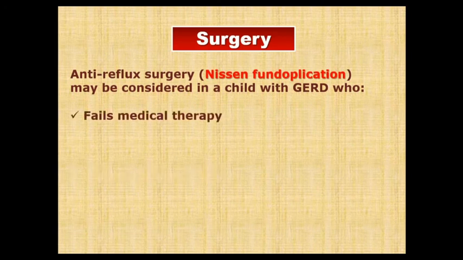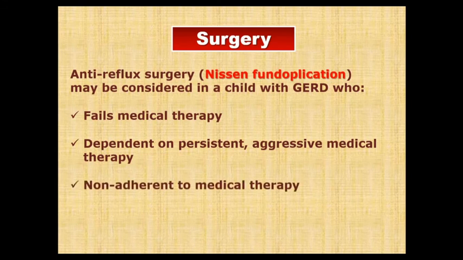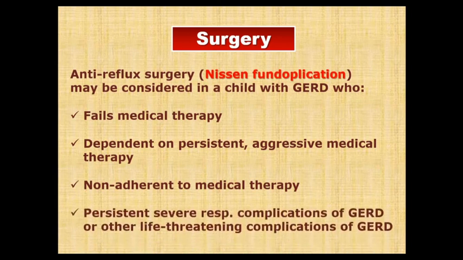First, failure of medical therapy, dependence on persistent aggressive medical therapy like proton pump inhibitors, or management of the extraintestinal manifestations like recurrent pneumonia and aspiration, or wheezing and asthma and chronic cough. Non-adherence to medical therapy, poor compliance with the treatment, or persistent severe respiratory complications of GERD or other life-threatening complications of GERD.